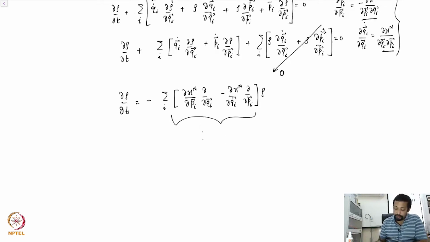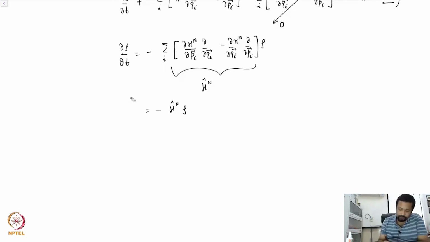We call this an operator now, which is Hn. The superscript n essentially denotes that it's an n particle operator, so this equation becomes Hn times rho. So I have del rho del t is equal to minus Hn rho. This is an n particle differential operator.